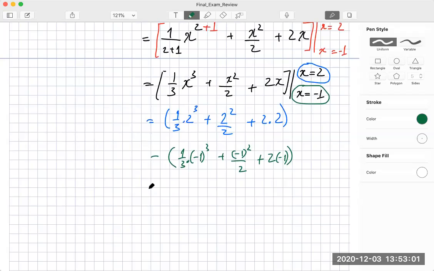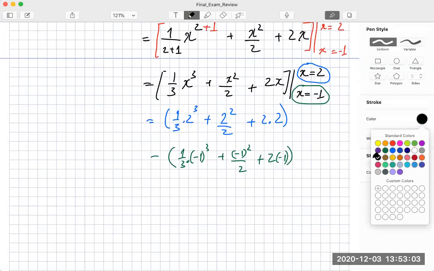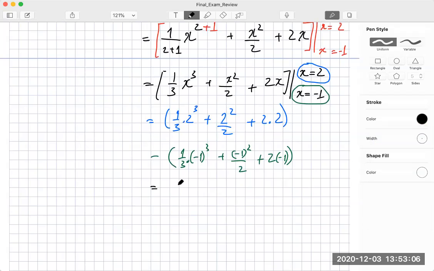Then let's compute it. I think you can do it yourself. It's just numbers, and the result finally will be 21/2. Double check it yourself. Do you have any questions about this?